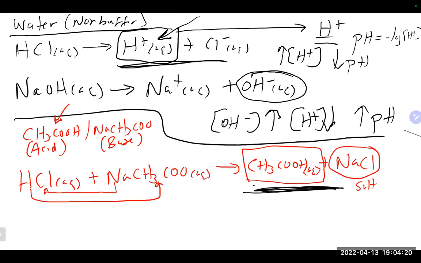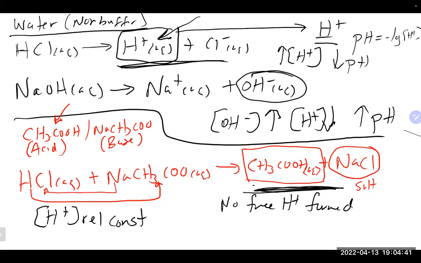When we add it to the buffer, we get no H plus formed, which means that we did not generate any more H plus, which is good, because that means that the concentration of H plus we started with will remain relatively constant. And if the H plus concentration stays constant, what happens to the pH? It also stays relatively constant as well.